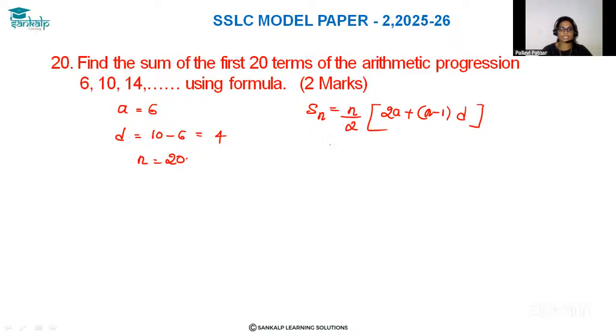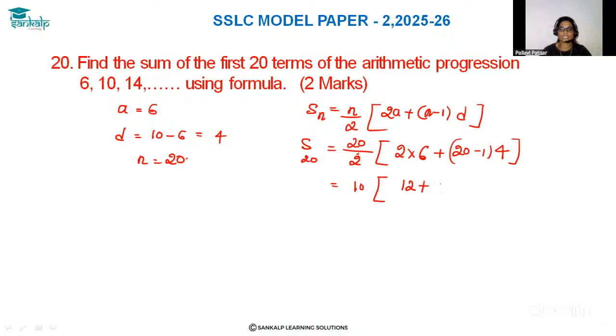So S20 is equal to 20 divided by 2 into (2 into 6 plus (20 minus 1) into 4), which is equal to 20 divided by 2 is 10 into (6 twos are 12 plus 19 into 4).